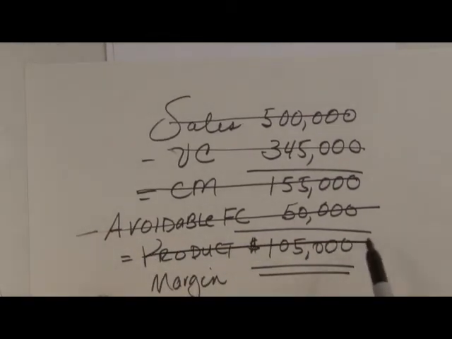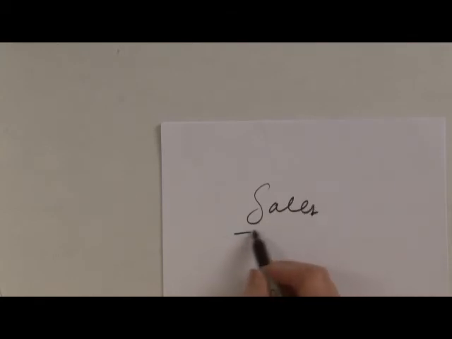Now I want to show you the income statement that would have been prepared if we had not adapted this income statement appropriately. In other words, I showed you this earlier, that the typical statement looks like this: all fixed cost and then net income.